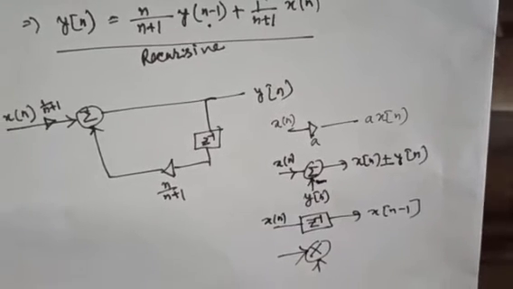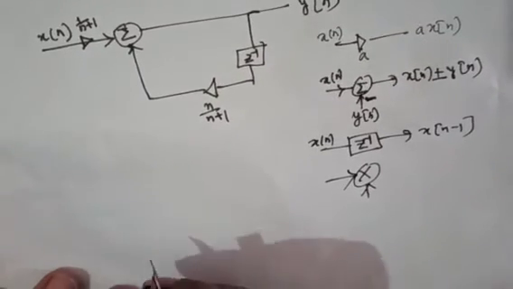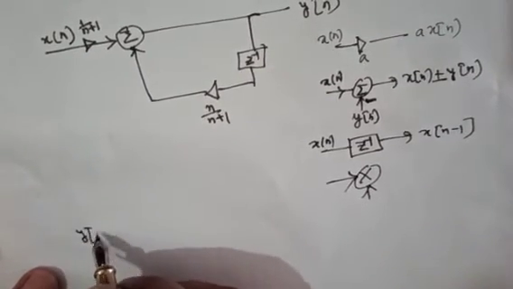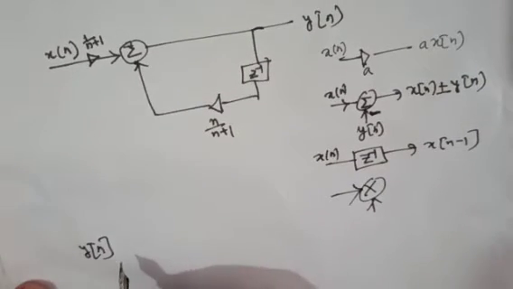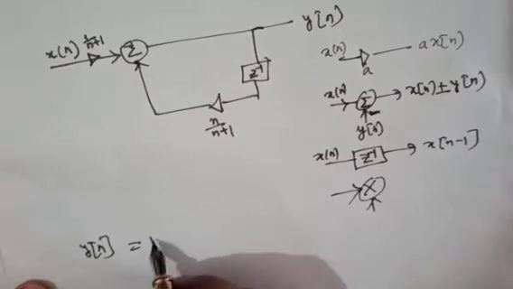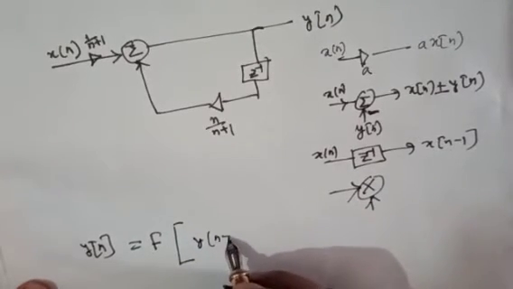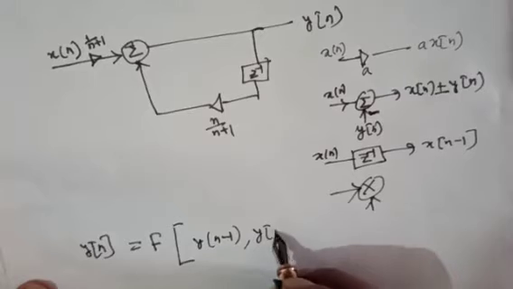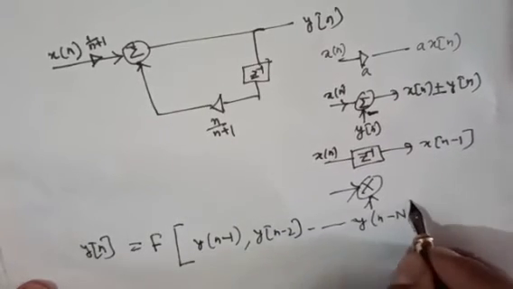So finally, the recursive systems are the systems whose output is expressed in general as y of n. The output of any recursive system is in general represented as a function, that means the operation of all the past outputs, say like y of n minus 1, y of n minus 2, and so forth, y of n minus n.